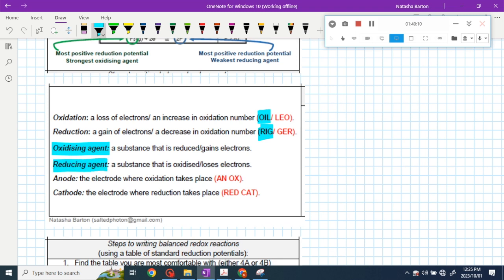The reducing agent is the substance that is oxidized and undergoes oxidation. Anode, we have oxidation at the anode, we use AN OX. And at the cathode, we say RED CAT. Okay, to remember, reduction takes place at the cathode. Use these in order to help you.